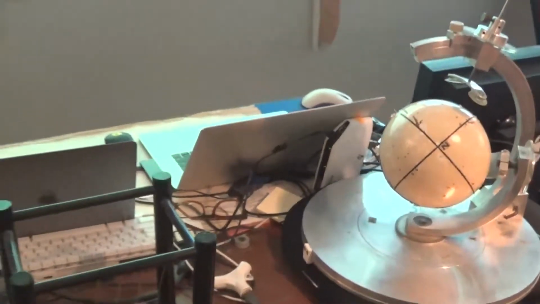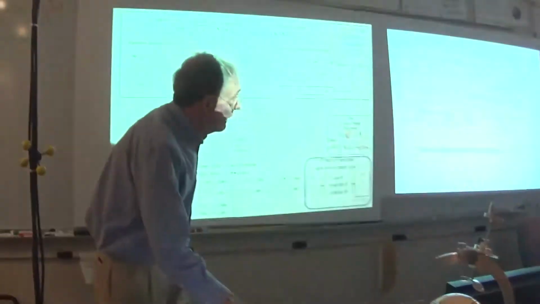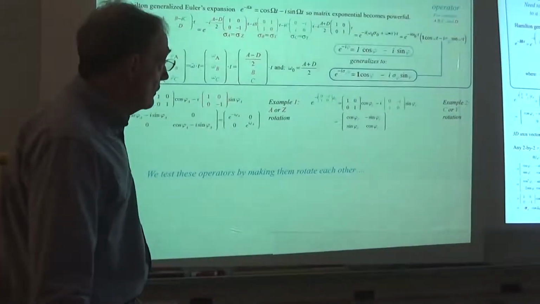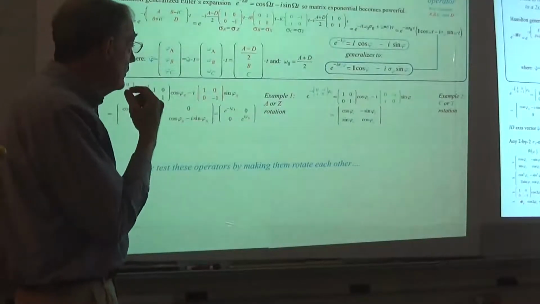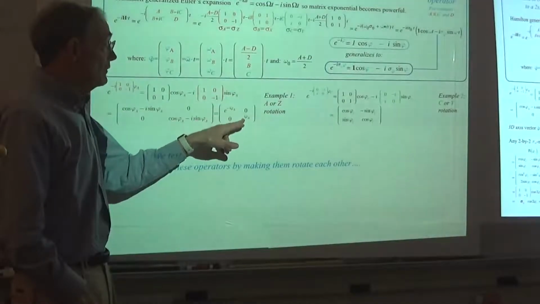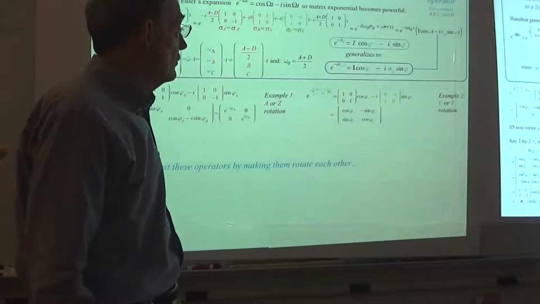Okay, now it helps to test these operators, just to get a feeling for what they do. This one's pretty obvious. It rotates things around the z-axis, and that just amounts to putting a phase factor, so it's really not that different from just a phasor rotation.